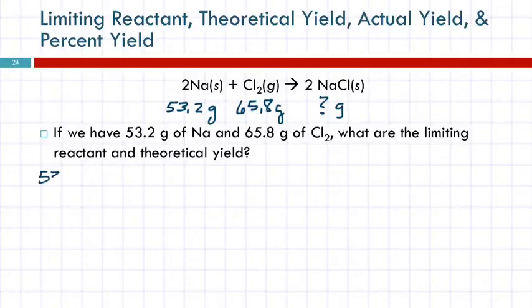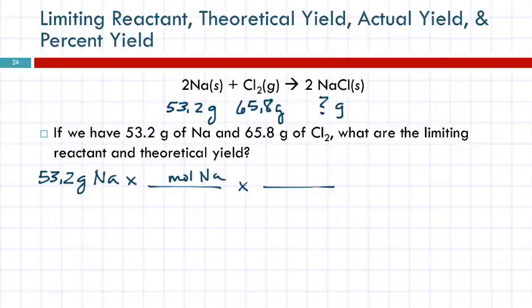So, 53.2 grams of sodium. I'm going to go from grams of sodium to moles of sodium. And then I'm going to moles of my product, which is sodium chloride. And then I'm going to go to grams of sodium chloride. Grams to moles to grams.